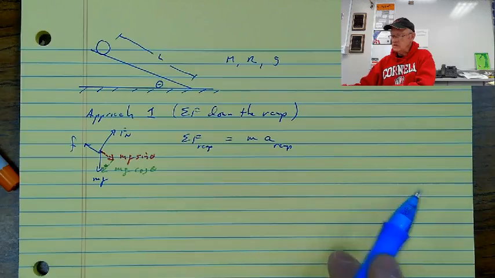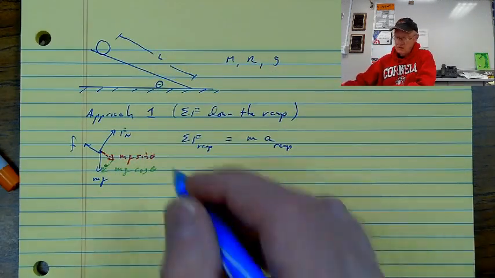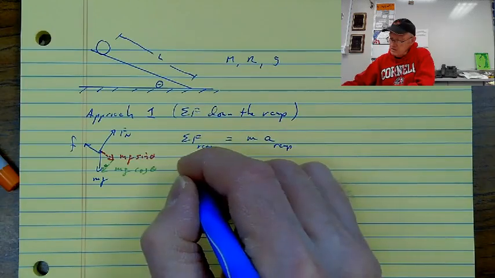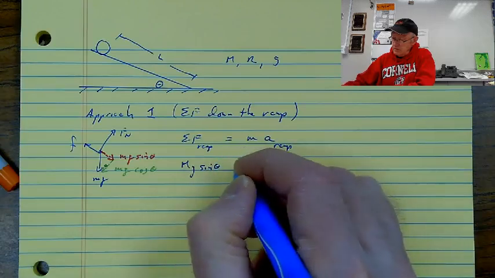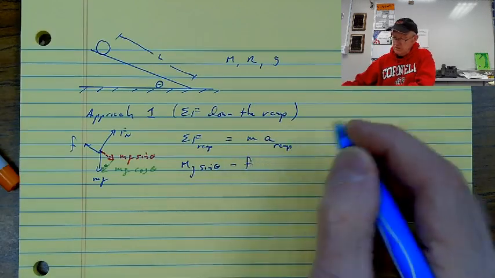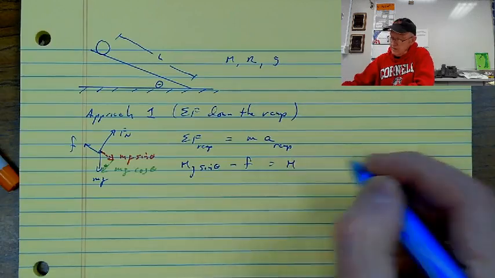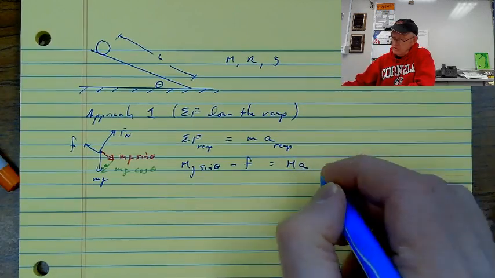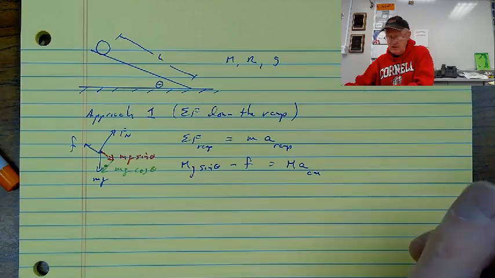So the sum of forces, let's describe down the hill as positive, and we'd have capital M g sine theta minus the force of friction is equal to capital M mass times acceleration of the center of mass of the hoop.